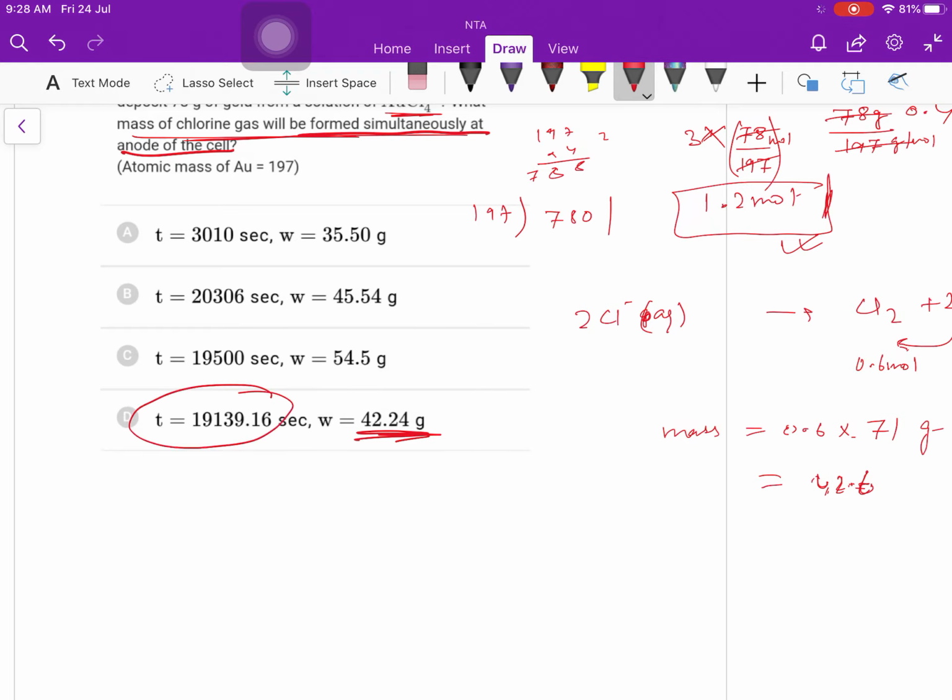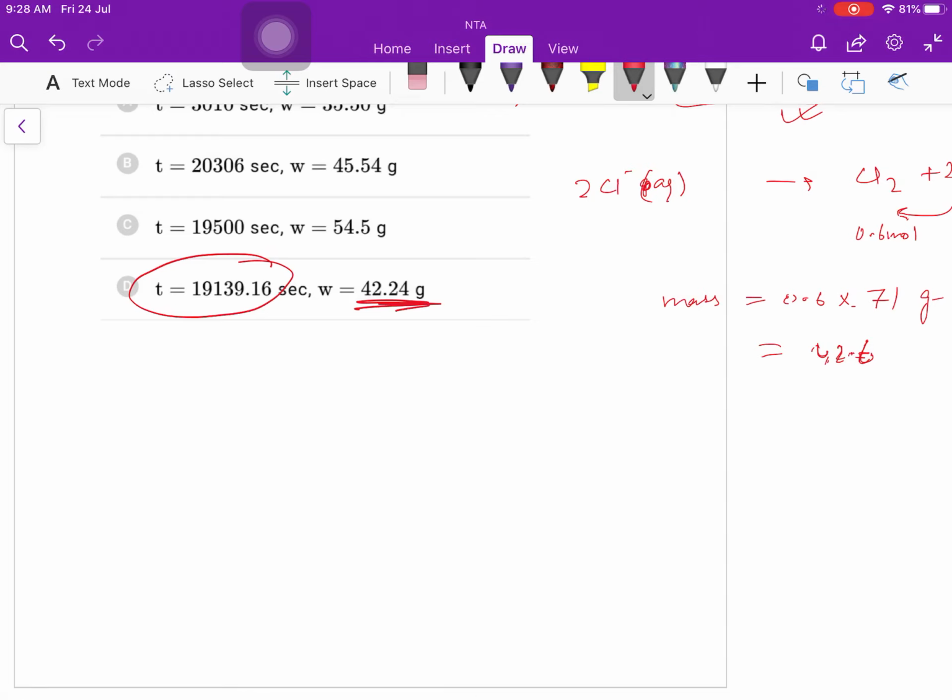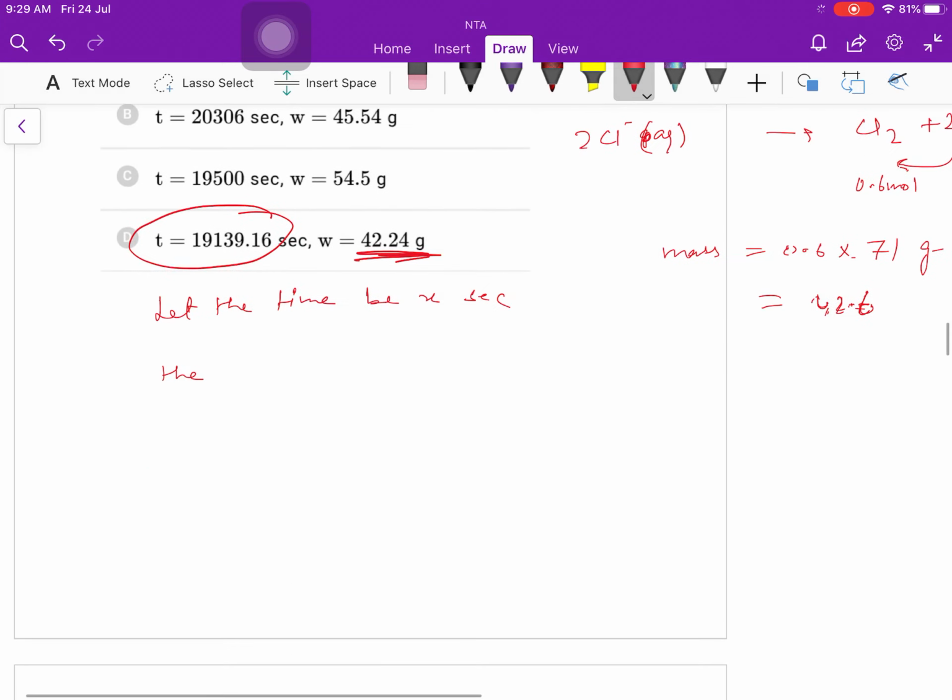Also we need to calculate the time. Let the time be x second, then the current passed was 6 ampere, so 6 into x, 6x will become coulomb. 1 mole electron is 96500 coulomb, and we have 1.2 mole of electron.